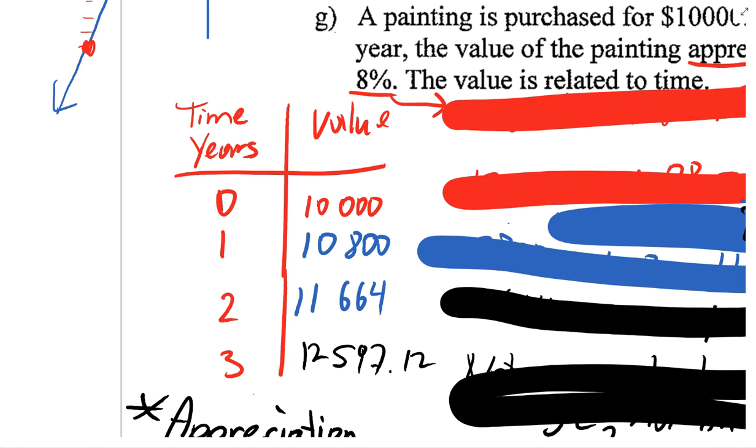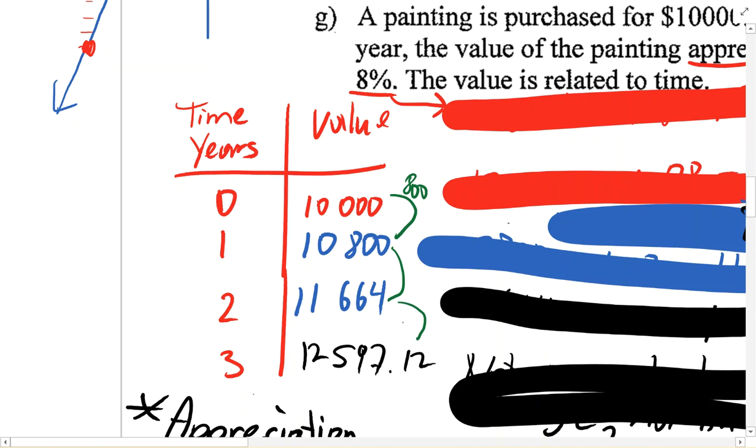The reason why is because it's going up by a percentage based on what it was the previous year. So it's not going up by a constant amount. What you're going to notice is that in between, here goes up by 800, here it goes up by a heck of a lot more, and here it goes up by a heck of a lot more.